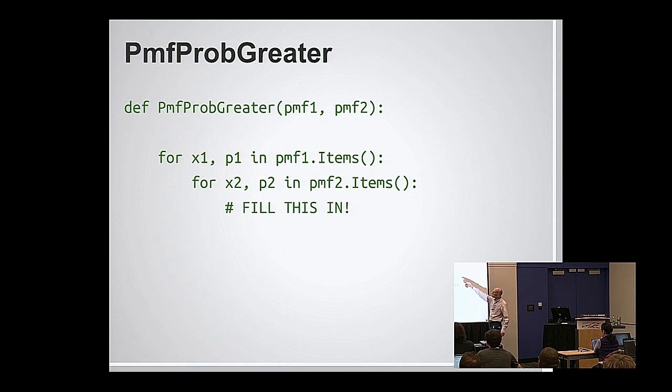And so this nested loop is going to loop through all possible pairs. So again, if you think of a distribution as being like a bucket from which you can draw random values, what you're doing is pulling out two values, one from each, comparing them to each other, looking at the probability of that pair, and adding up all the pairs that satisfy the criterion.